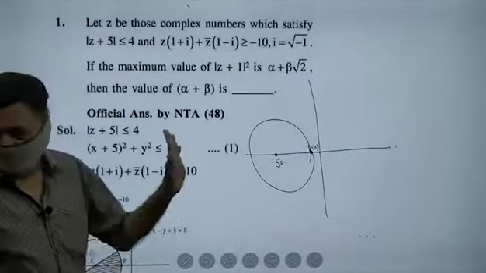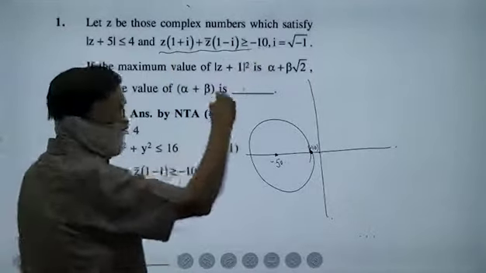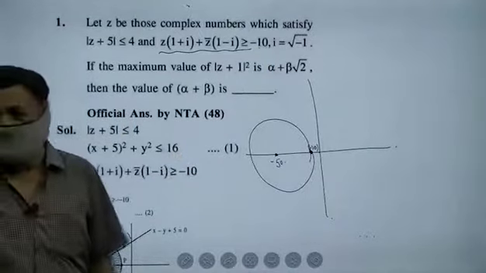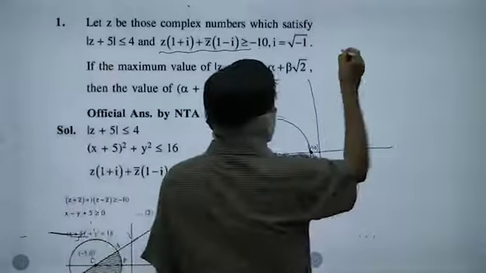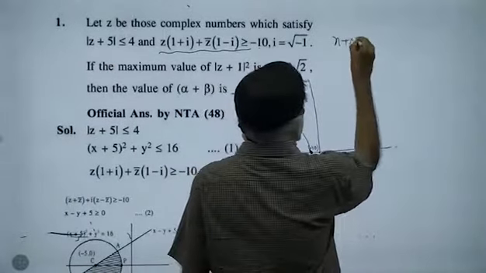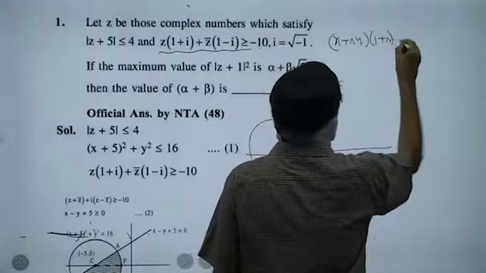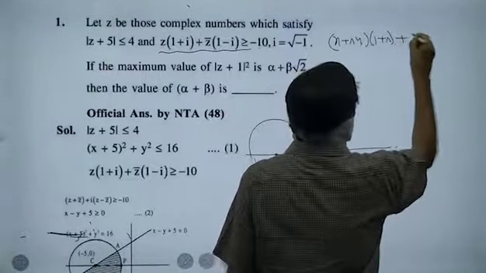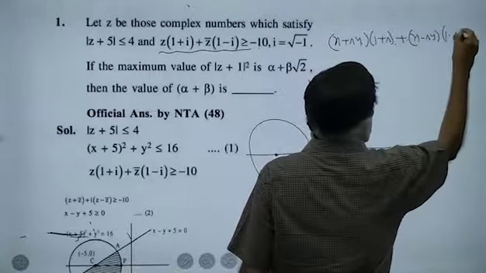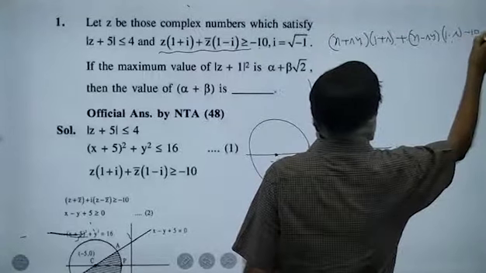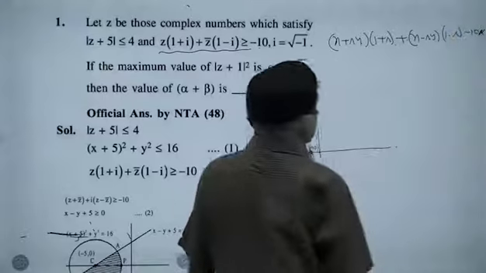This is the set of all points inside the circle. What about this? This is equal to -10 is what? Is our question. Is what? A straight line. Put z is equal to x plus iy. (x plus iy) into (1 plus i) plus z bar, (x minus iy) into (1 minus i), minus 10i is 0, minus 10, 0 equal.